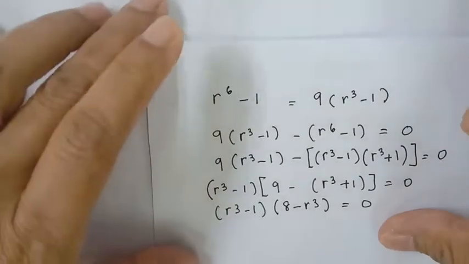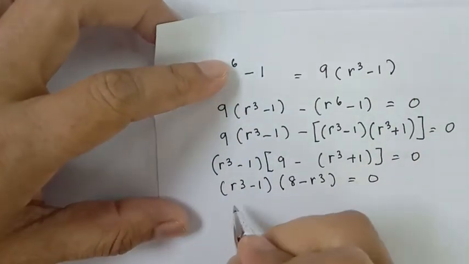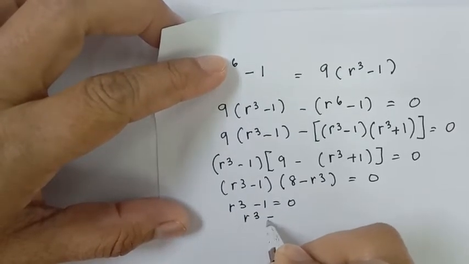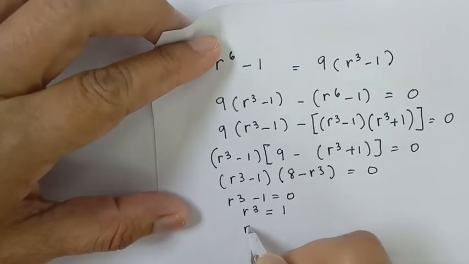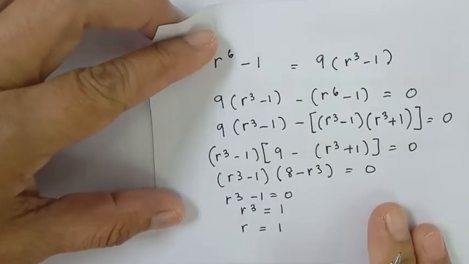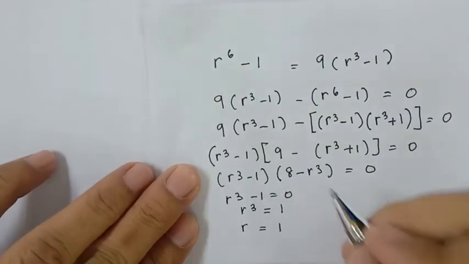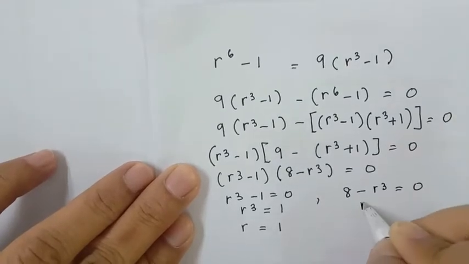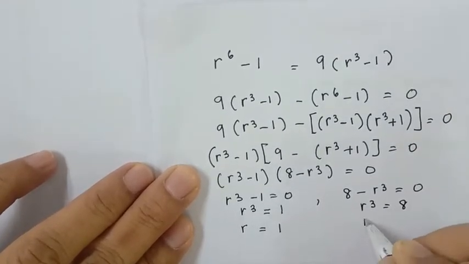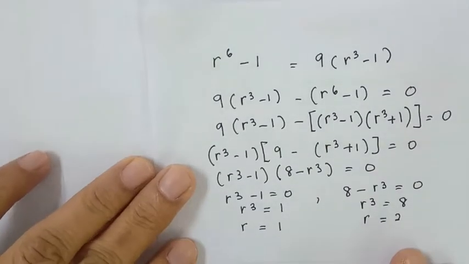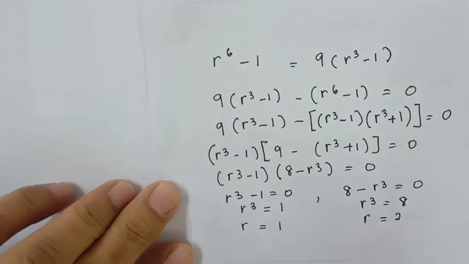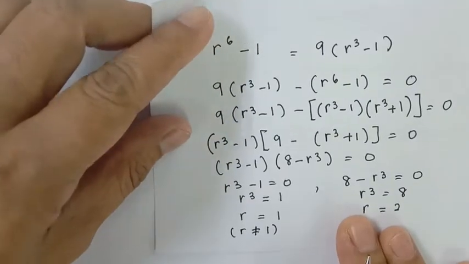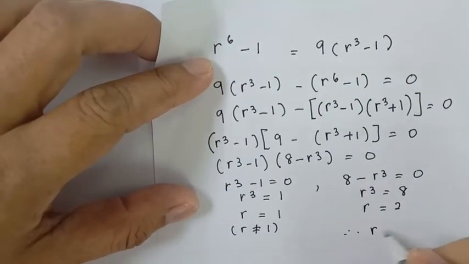Then solve the equation. r power 3 minus 1 equal to 0, so r power 3 equal to 1, then we get r equal to 1. And the second factor, 8 minus r power 3 equal to 0, so r cubed equal to 8. We get r is 2. Remember, r not equal to 1. So the answer is r equal to 2.